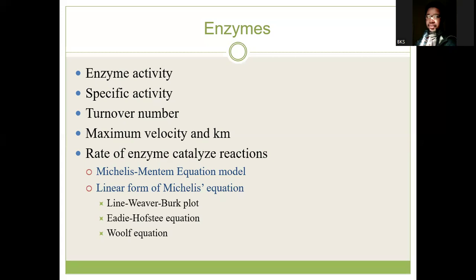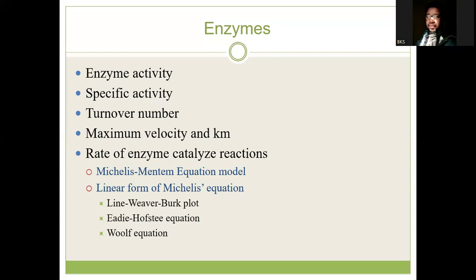But for the assignment aspect, to talk about enzyme activity, specific activity, that's all. These are the basic standard definitions of enzyme activity, specific activity, turnover number, maximum velocity, and Km, which we already discussed in the previous classes.